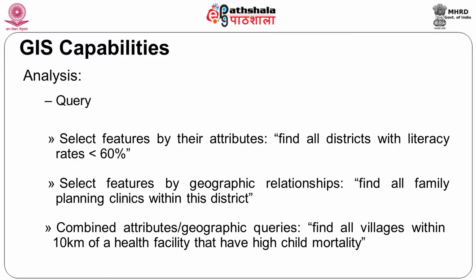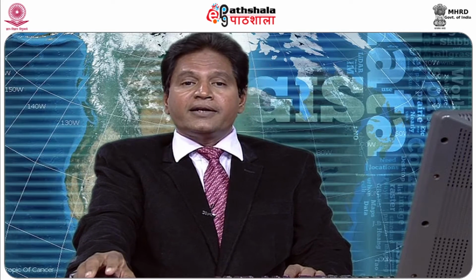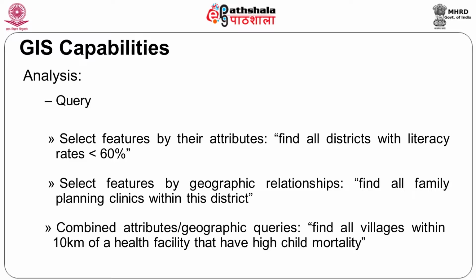Then you can also put them together. It is not that you have to do only a simple query, you can also go for a relational query. Try to use more than one table at a time. Find out those villages which have an area of 5 square kilometers and which have a literacy rate of 50% and more. Something like that.